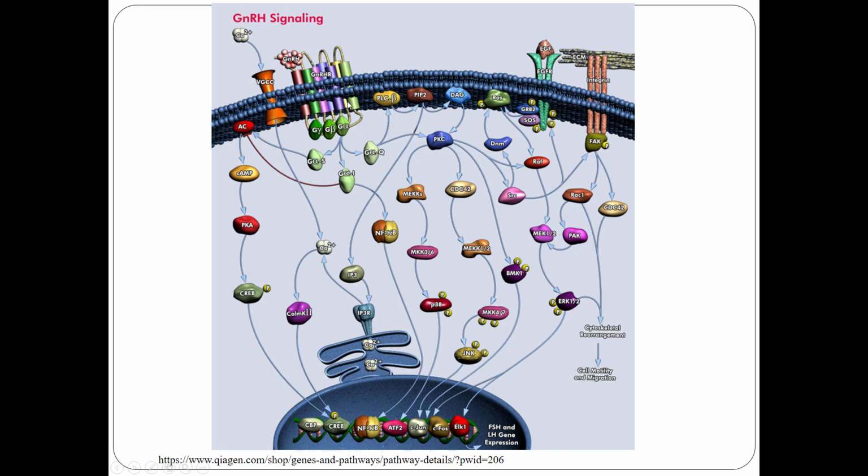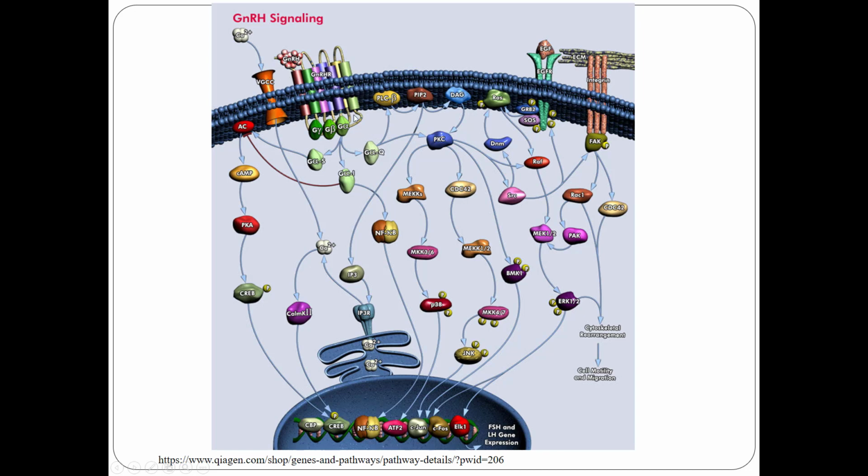Its receptor is a serpentine receptor that sits on the edge of the cell. This blue area here is the cell wall, and this serpentine receptor sits in that cell wall. GnRH attaches to it, and it changes this whole conformation here.